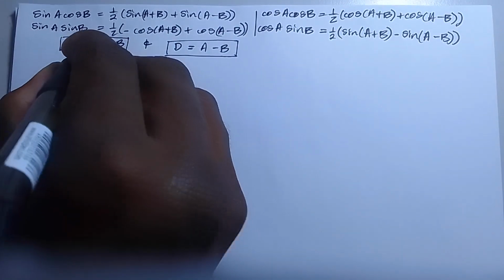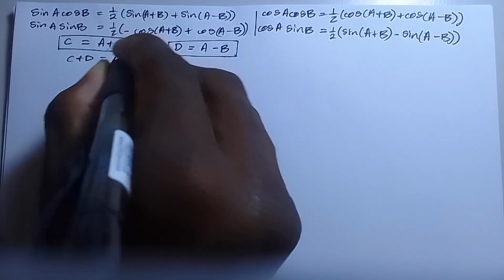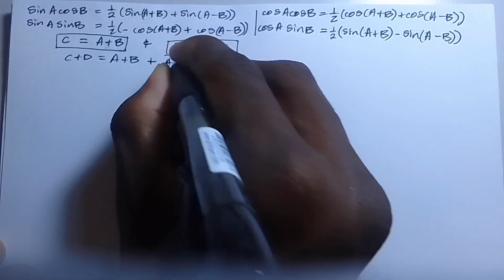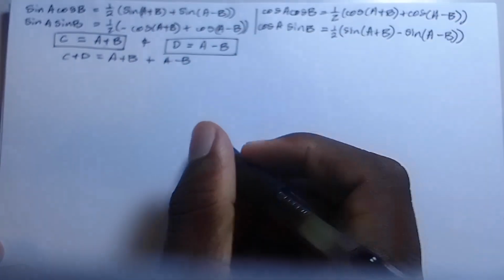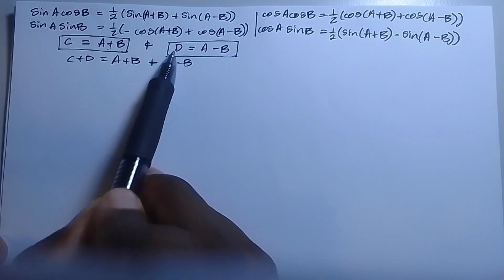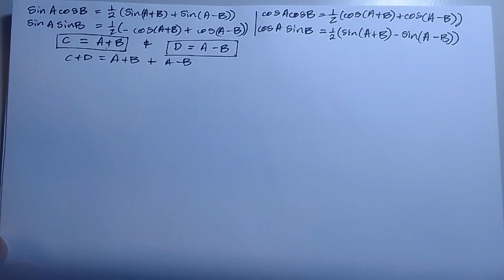So we say C plus D will give us A plus B, right, since C is that, plus A minus B. Okay, so what I did here was I added C and D. If I add C and D, then I should add what they are equal to as well, and equate them to what they are equal to.